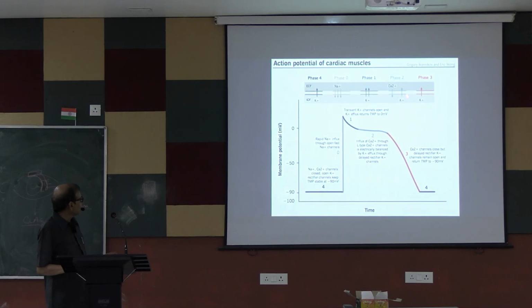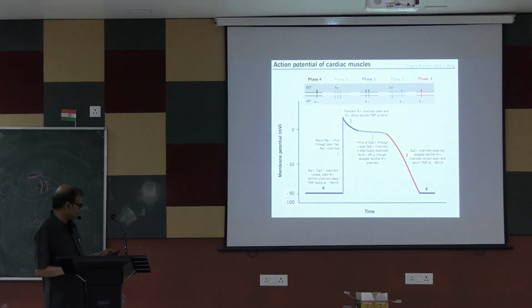This is the potassium efflux and calcium influx. So in phase 2, influx of calcium along with balanced delayed rectifier potassium efflux. Then comes phase 3.